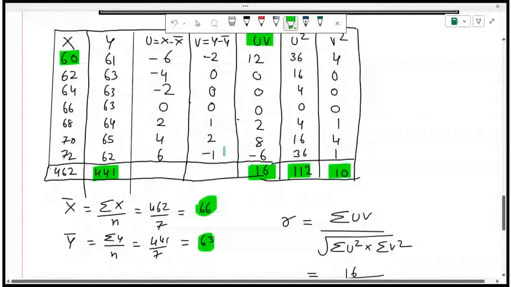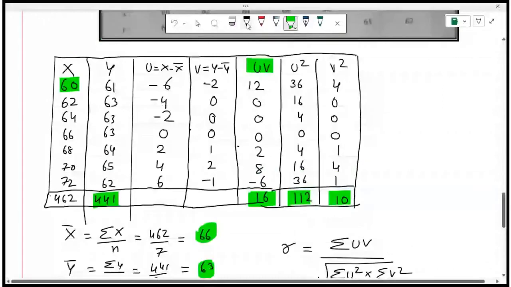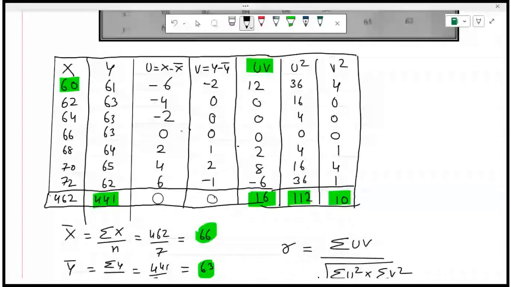in this first part, there is a verification step. If you find the sum of u values, it should come out to be 0. And the sum of v values should also come out to be 0. Sum of u and sum of v should be 0. Like you can check here, -6, -4, -10, -10 and -2, -12.